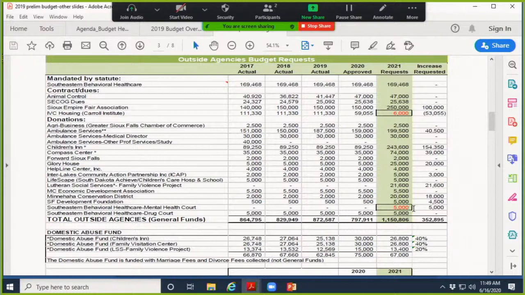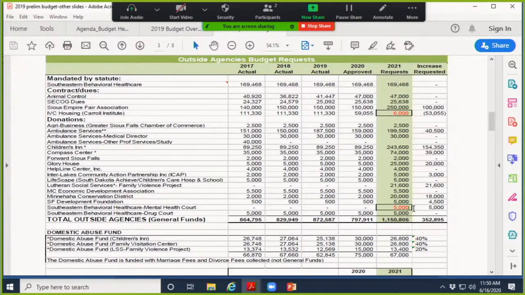Carol. Just a few things, because this is what I call a hodgepodge of different things that you've got. Animal control, the Southeastern is determined flat out by $1 per capita, so I don't think you want to change that at all. Animal control is based upon a contract, so that contract comes in every year. CCOG has a formula also that is flat. Sioux Empire Fair Association, you can see what they've gone through and then asked on here.